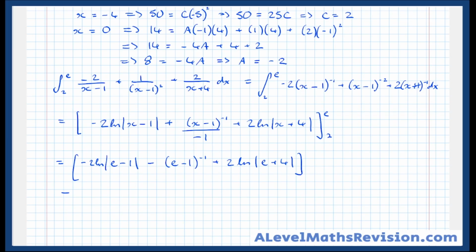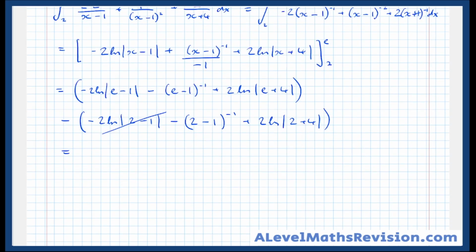Take, let's make those curvy brackets actually just to avoid any confusion. Take minus 2 log mod of 2 minus 1, which disappears because log of 1 is 0, minus (2 minus 1) to the minus 1, plus 2 log mod of 2 plus 4.